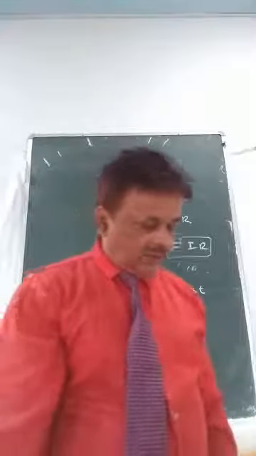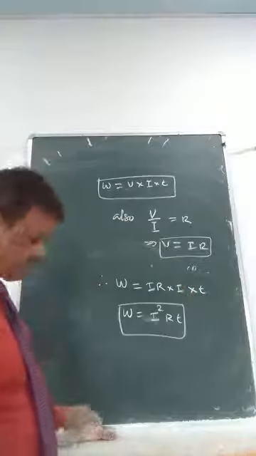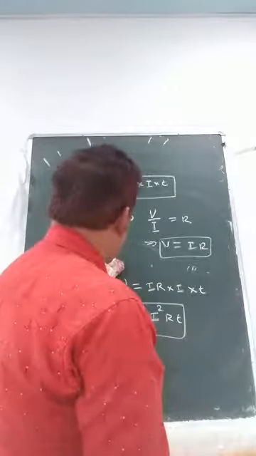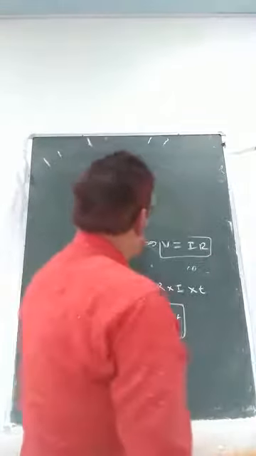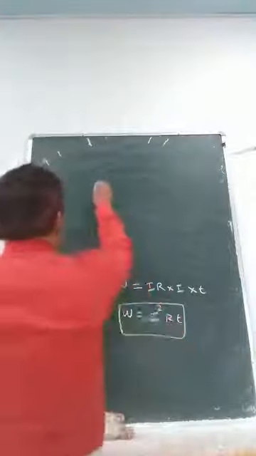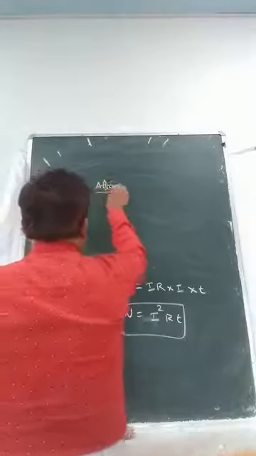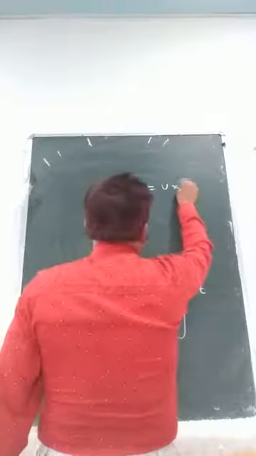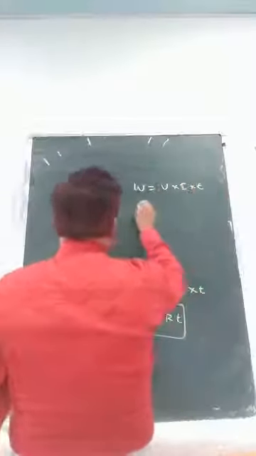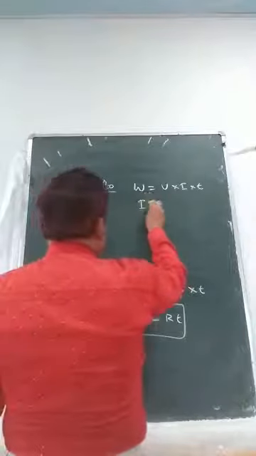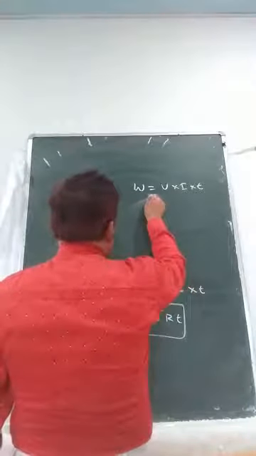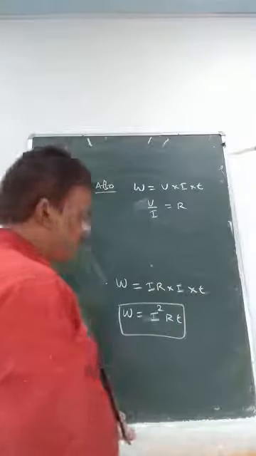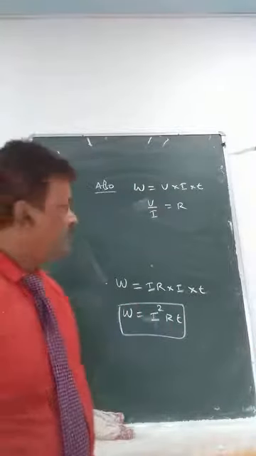Also you can write, see how many formulas are coming out. Work done equals V into I into T. Then V by I equals R. Isn't it?